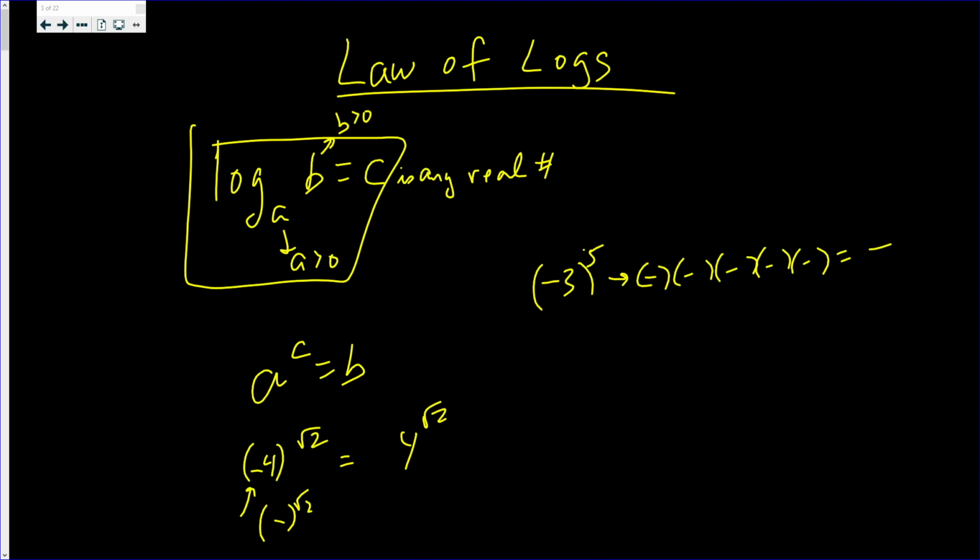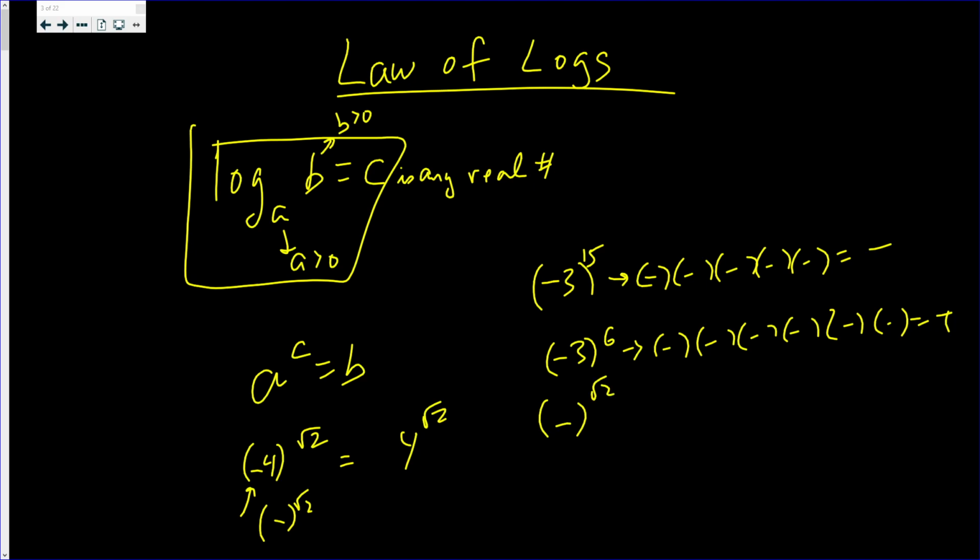And if it were 15 times, it would be a negative. And if it was 6 times, it'll be a positive. But what is a negative to the square root of 2?